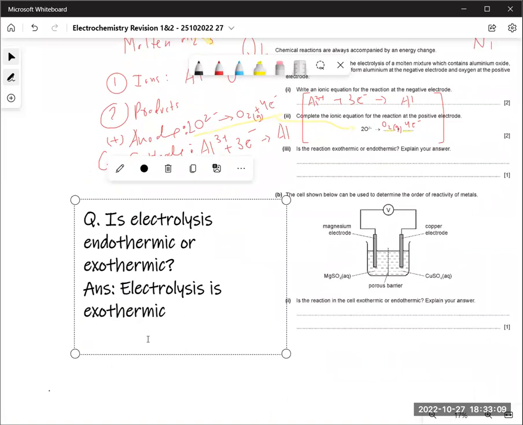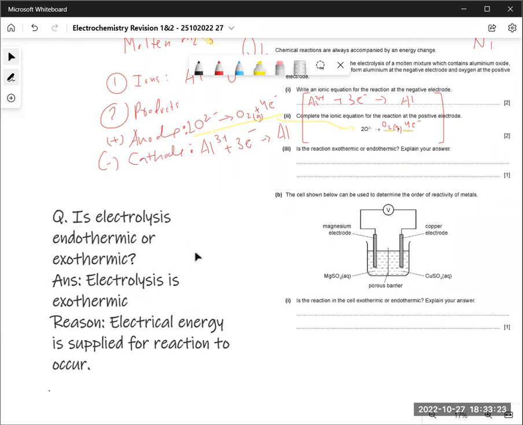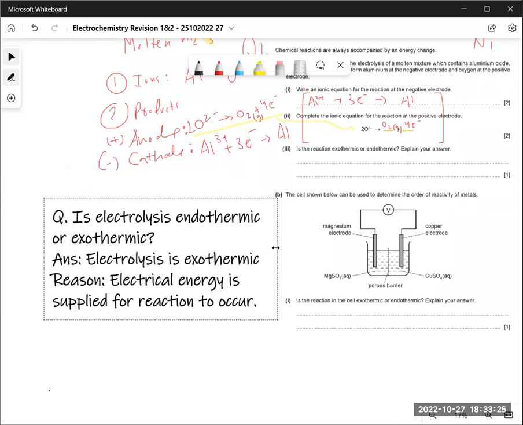You need to give the reason as well. Reason: electrical energy is supplied for the reaction to occur. So whenever you're applying some energy, you're giving some heat or something, then the reaction is happening. That is called endothermic.